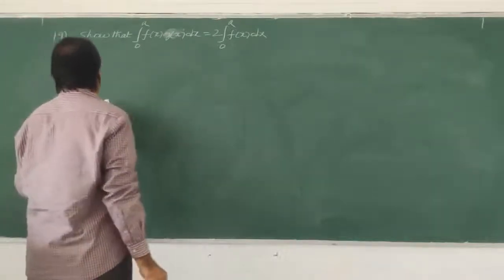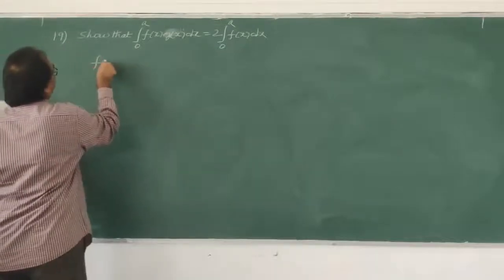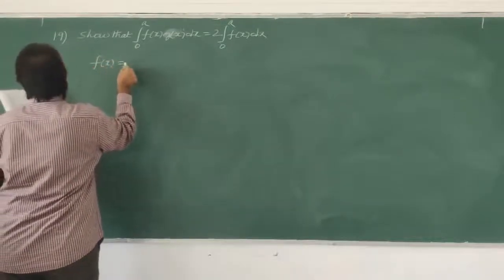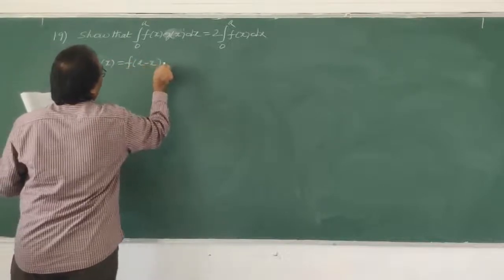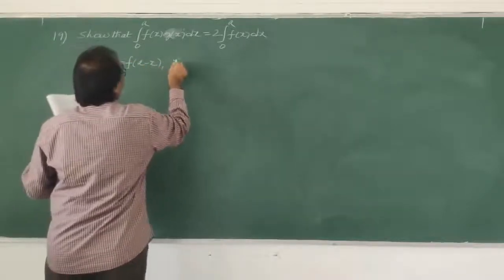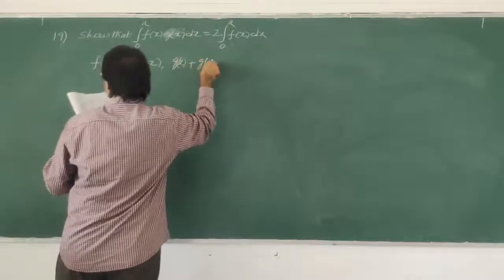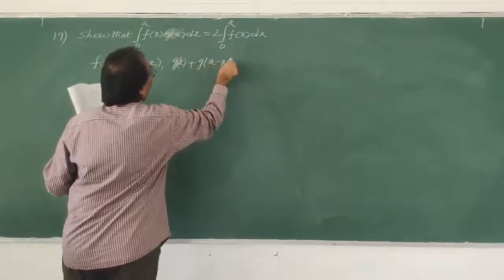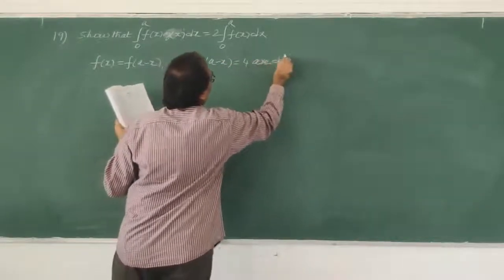If f and g are defined as f of x is equal to f of a minus x, and g of x plus g of a minus x is equal to 4. How you got it, you don't ask, it is given.